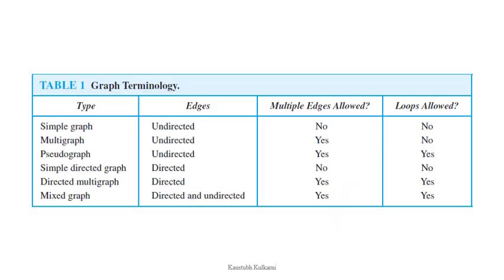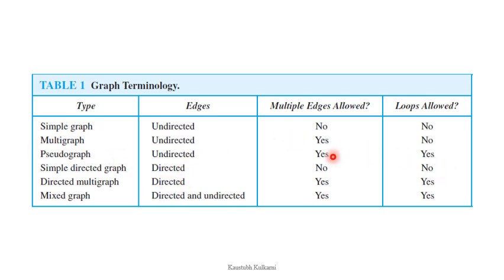Now there is a certain graph terminology. A simple graph or simple directed graph is what you call it when there are no multiple edges and no loops. If multiple edges are allowed, we call it a multigraph or directed multigraph, depending on the nature.